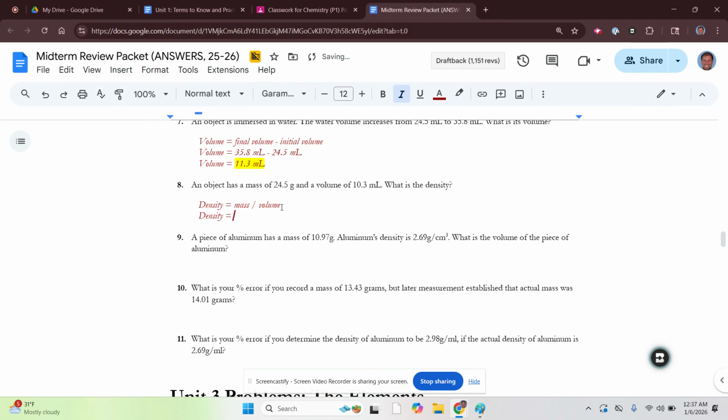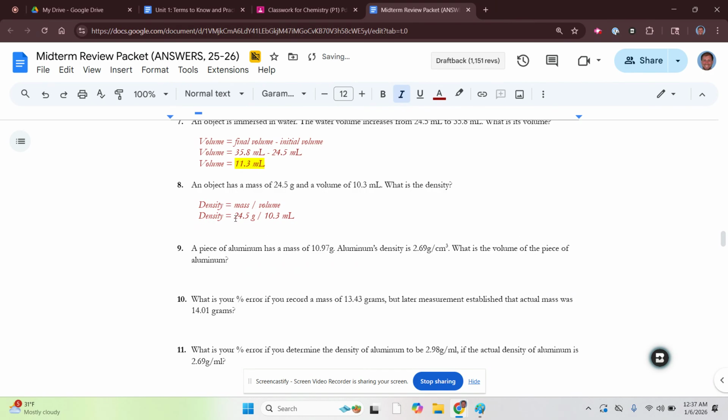So the mass of this object is 24.5 grams, and the volume is 10.3 milliliters. Now, the units going in don't really matter. Any mass unit divided by any volume unit will get you density. So I plug this into a calculator, and I get the density of this object is 2.38 grams per milliliter.